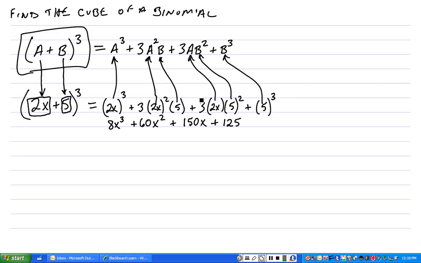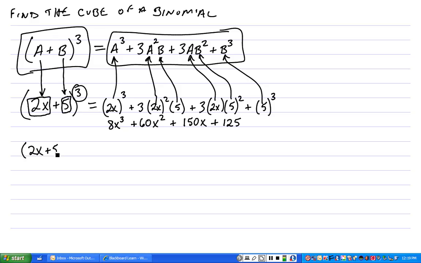Now, you might not necessarily remember this formula, but we do understand what it means to cube something. If we're cubing, that would be like saying (2x + 5) times (2x + 5) times (2x + 5). Cube means to multiply (2x + 5) by itself 3 times.